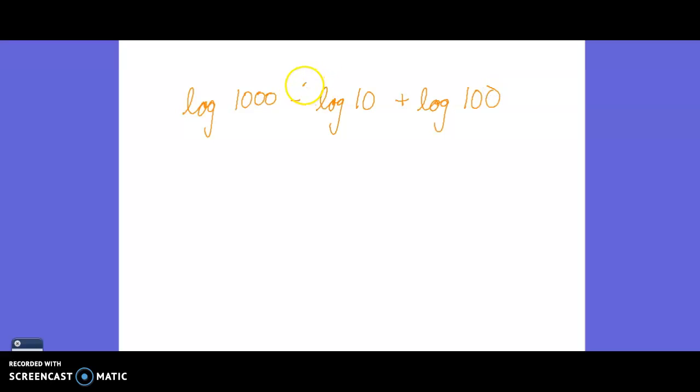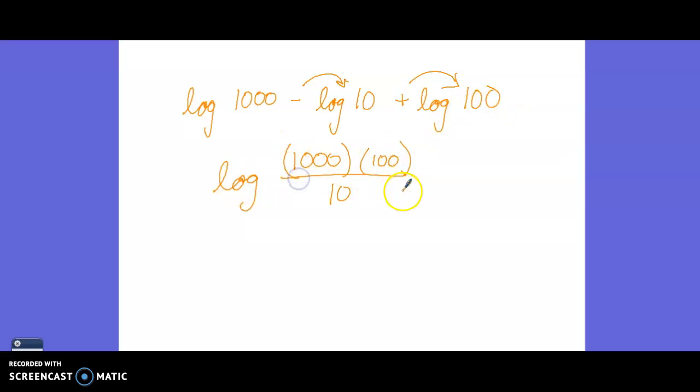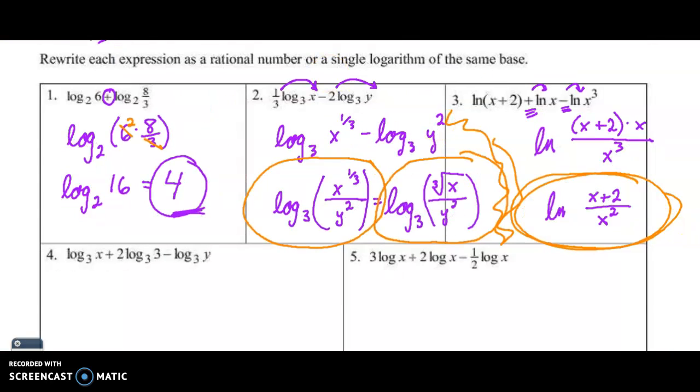I've had students do this incorrectly, where this log, so if we combine it as 1,000, this 10 goes in the denominator because it's exactly following a minus, so that one's divided, but this one goes into the numerator. So I don't expect you to finish that problem, but I'll see you in the next video to finish these notes.